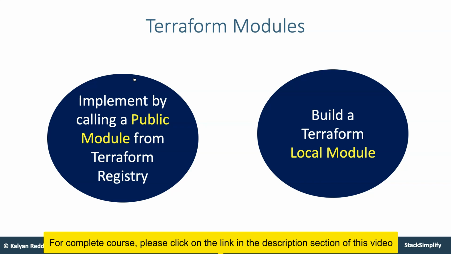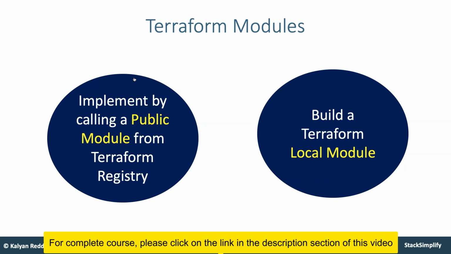Then you will move on and build a Terraform local module. When you are building the local module, you will get a lot of confidence from a modules perspective. But one important thing here is you will not directly go and build a local module. There also you will do that in 3 phases.